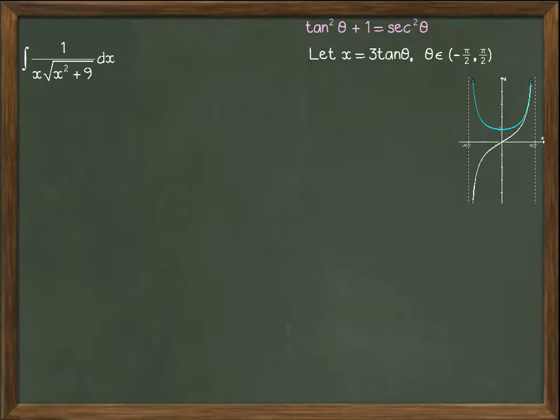We will also remember that we will use the squared identity that tan squared theta plus 1 is equal to sec squared theta.